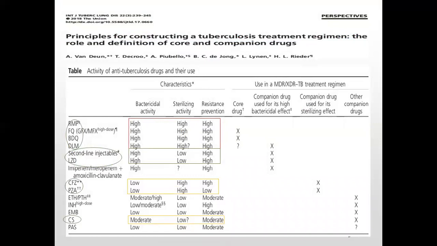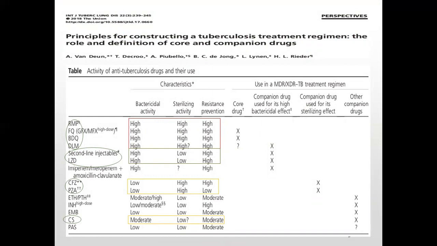So, we have what we call core drugs. Core drugs are drugs in a regimen that contribute most to relapse-free cure. Meaning, the patient is less likely to relapse after treatment, because that is what we want, right?